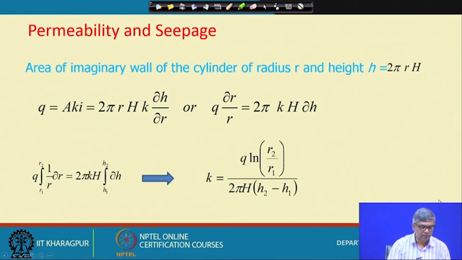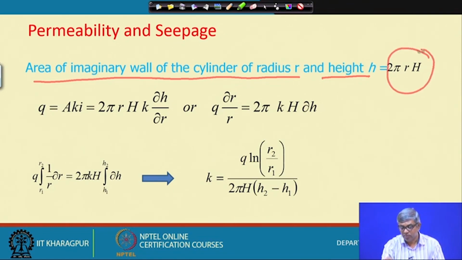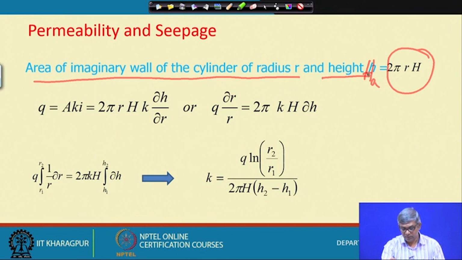You can see here that that is the thing I have said: the area of the imaginary wall of the cylinder of radius r and height h. Whatever height h I make, for the actual area of flow it is better to write h a, because I make a cylinder, but water enters through only this much height.